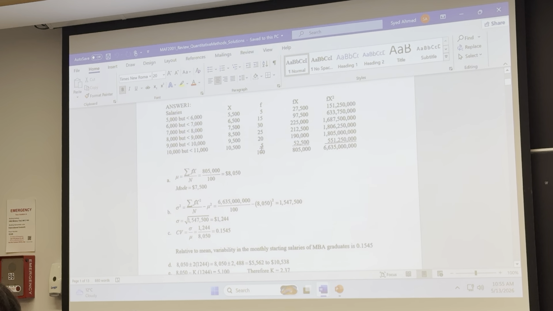It is even number data. 8,000. So 7,500 plus 8,500 divided by 2 is 8,000. Okay. So median is going to be about $8,000.